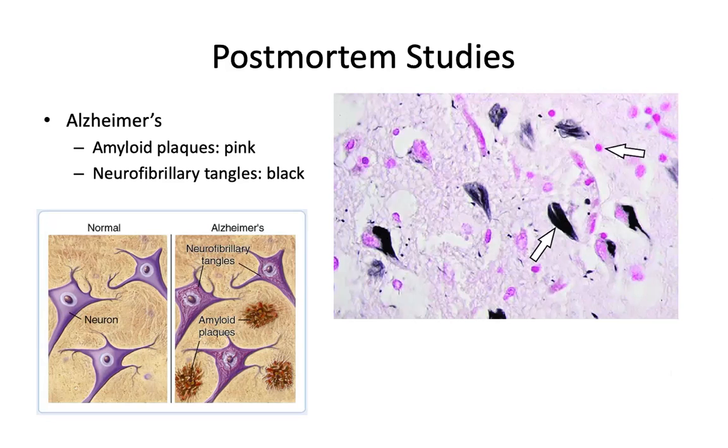So we can see it in people's lives, maybe their decline in social functioning or occupational functioning, but we can also see it on cognitive testing as well. However, like I said, we can't confirm it and say, yes, this was 100% Alzheimer's until there's a post-mortem examination.